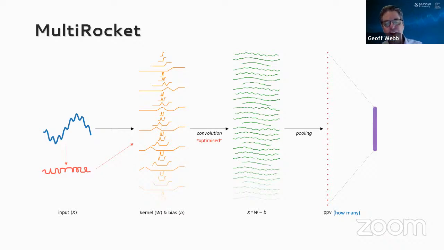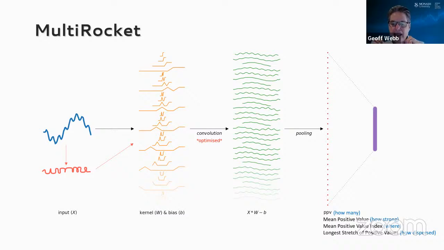So if you think of each of these convolutional filters as capturing a different type of effect in the data, you can think of proportion of positive values as performing some sort of assessment of how often or how many of the locations in the series have that feature. We add the mean of positive values, so that's how strong is the feature, how strong is the effect.